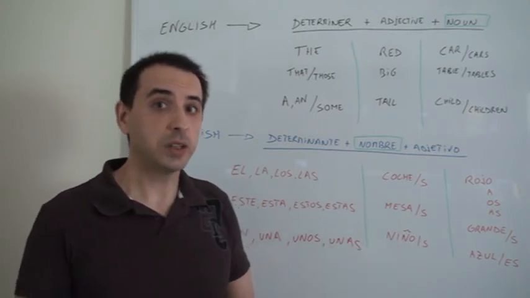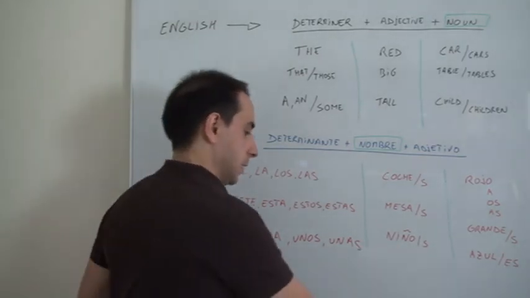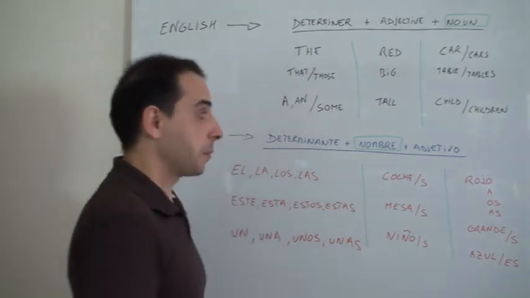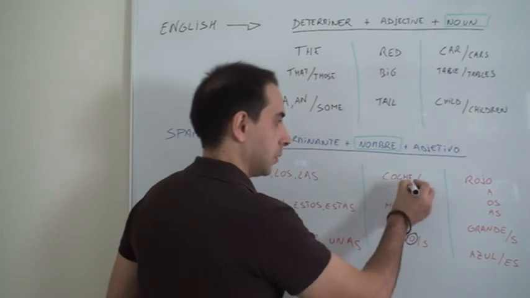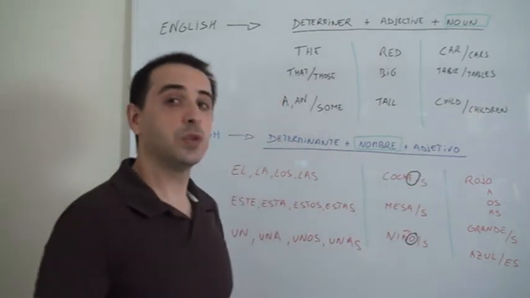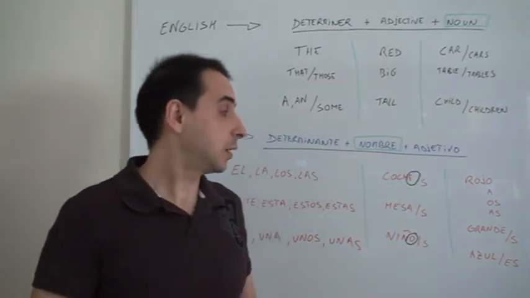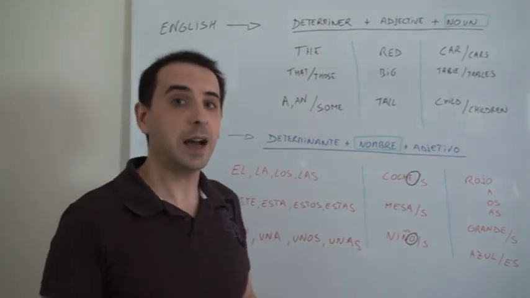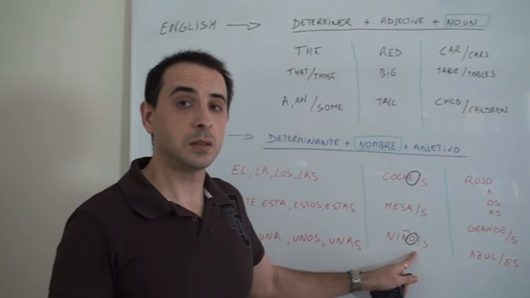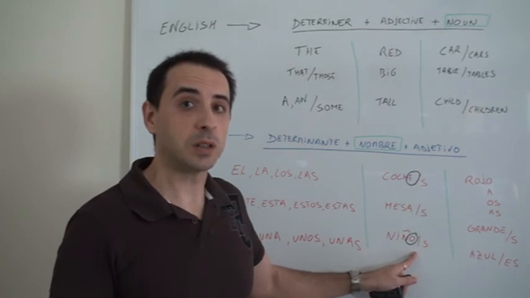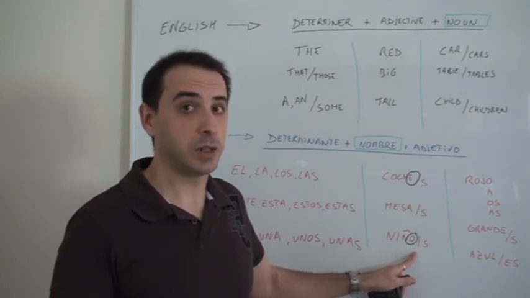A trick to remember is that very often, if you don't know, the letter E and the letter O at the end of the word very often means the word is going to be masculine.